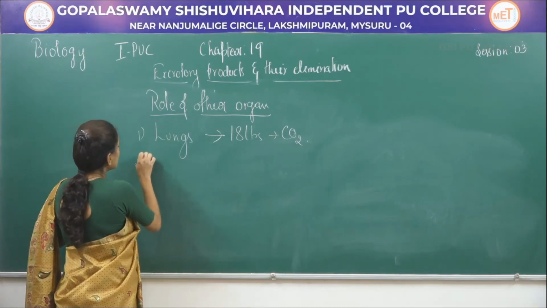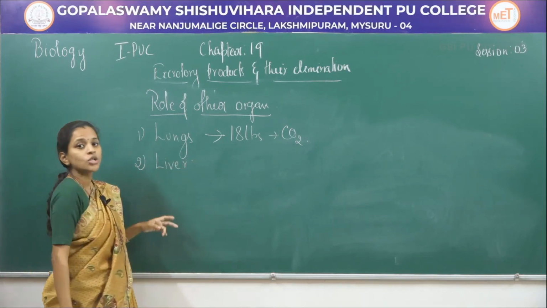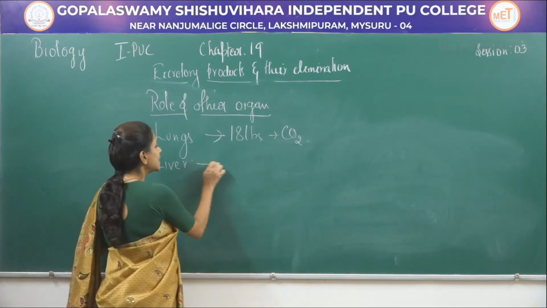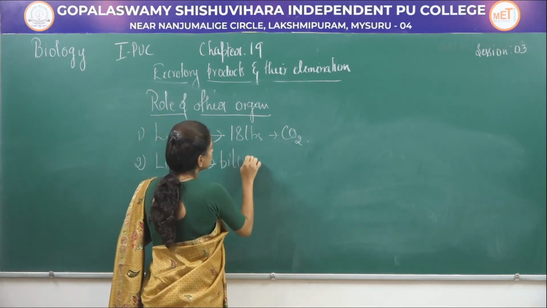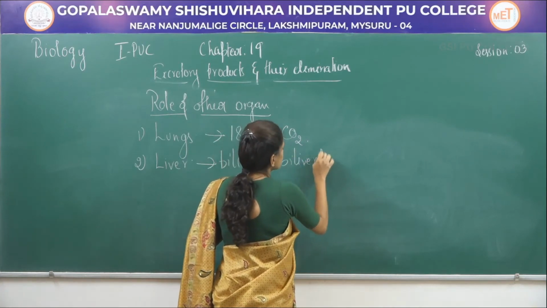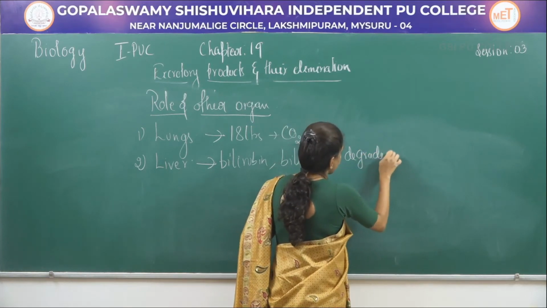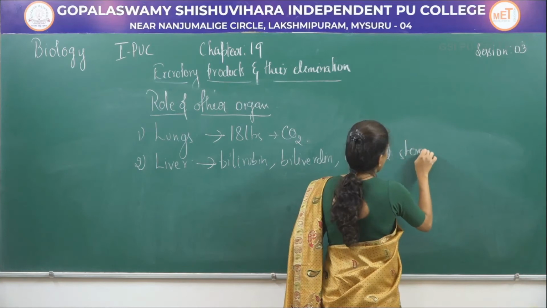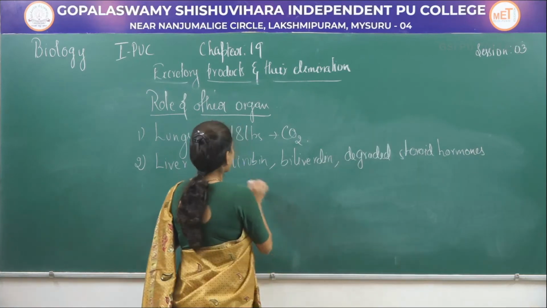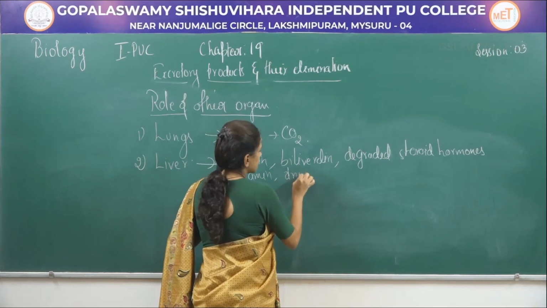Next method will be through the organ liver. The hepatic cells which are present in the liver release chemicals like bilirubin, biliverdin, degraded steroid hormones, some of the vitamins and drugs.